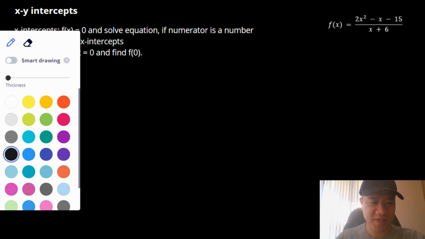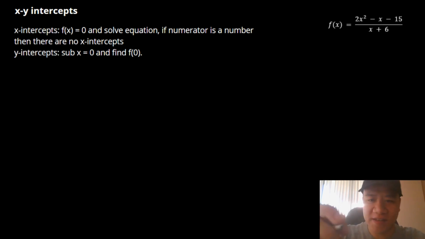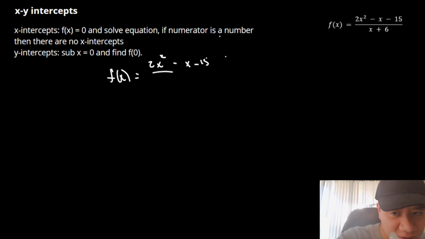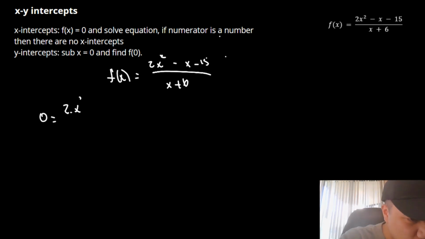Alright, so our function is this guy: 2x squared minus x minus 15 all over x plus 6. So our process is going to be exactly the same. To find our x-intercepts, we just sub in 0 and solve the equation.